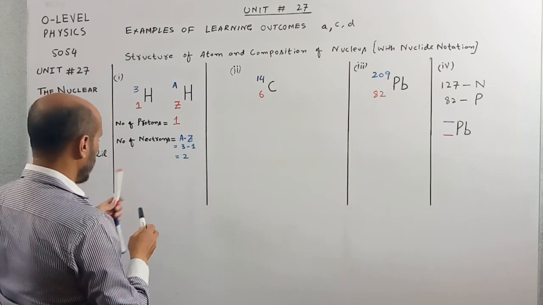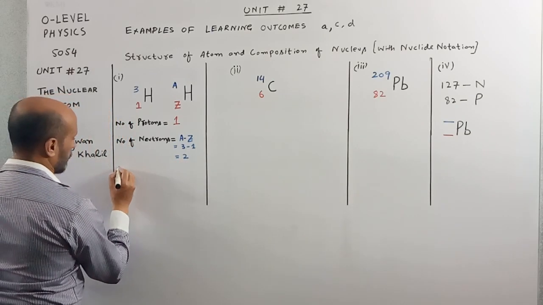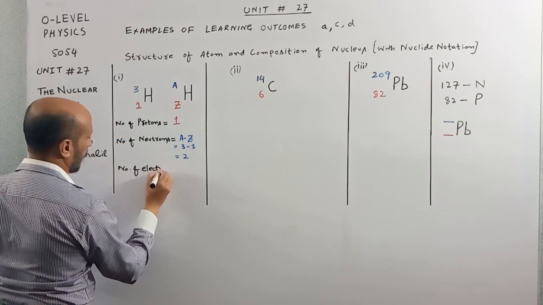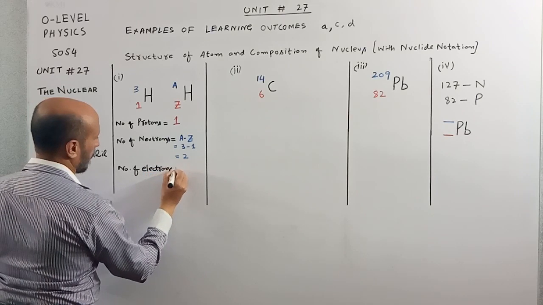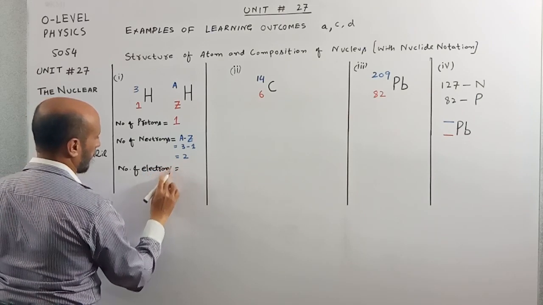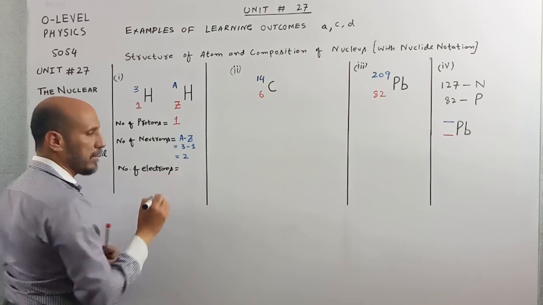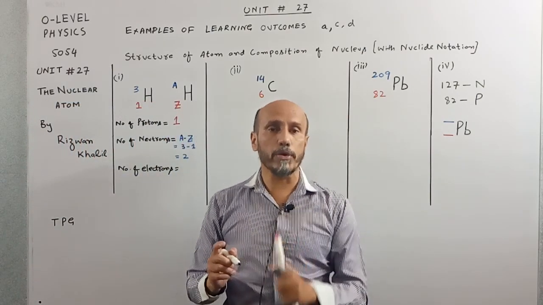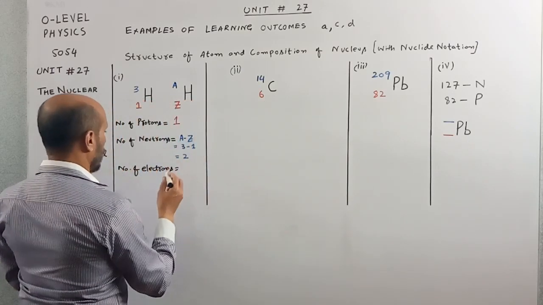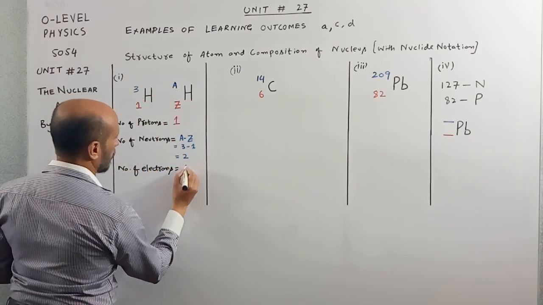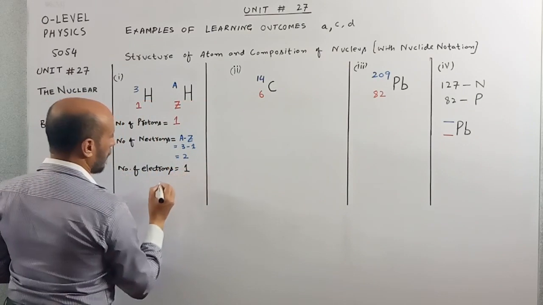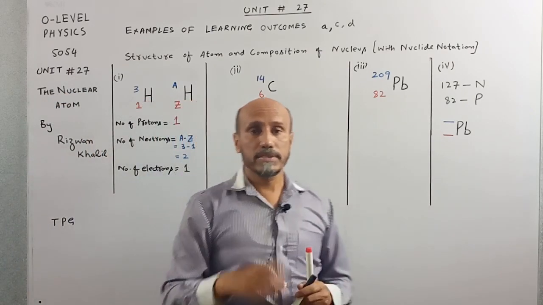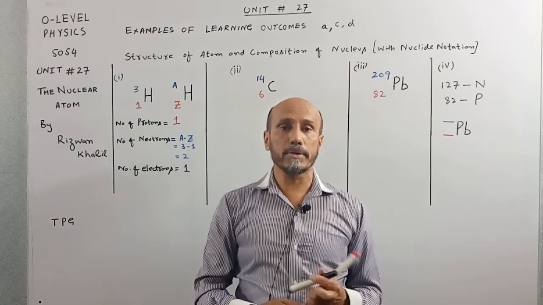And obviously the number of electrons. How many electrons will be there? The number of electrons is equal to the number of protons, so that will be equal to 1. But here you have to write down one sentence in order to grab mark number 3.